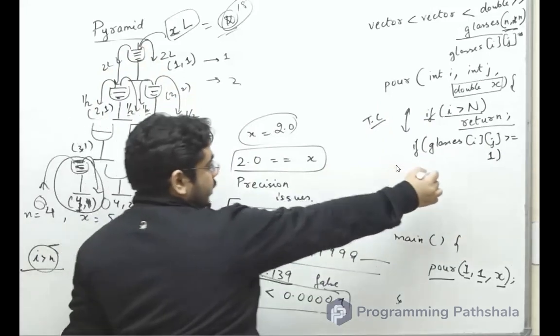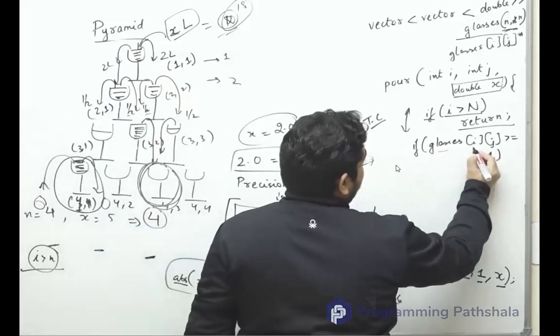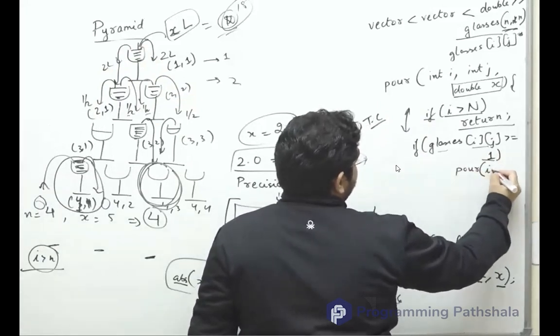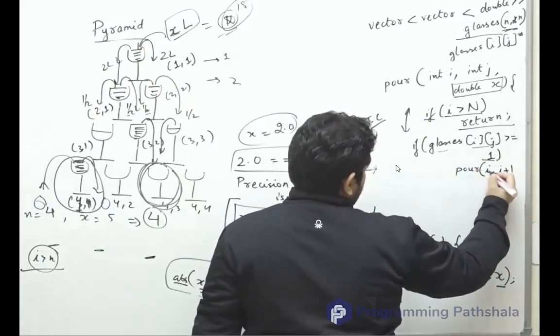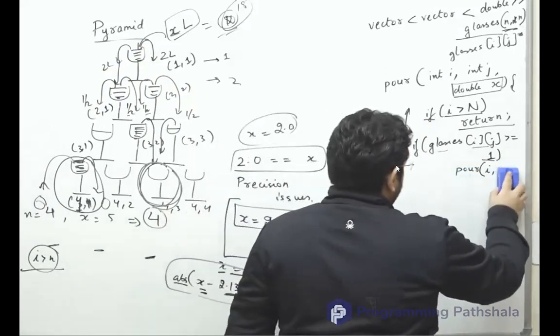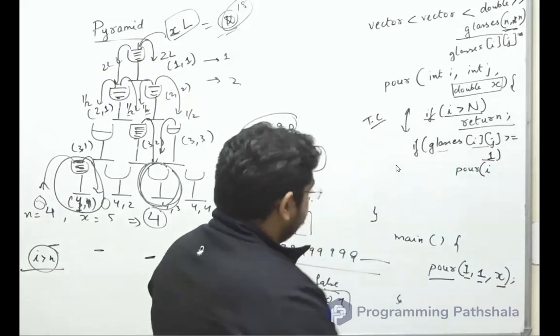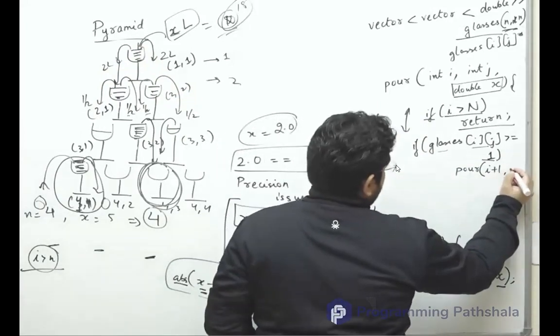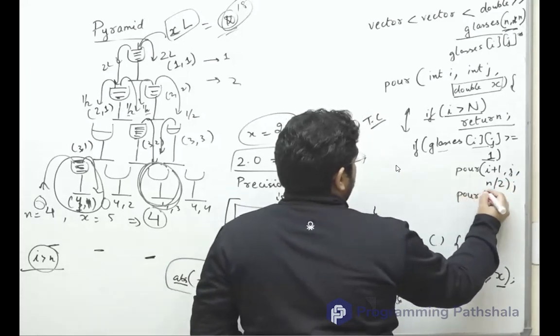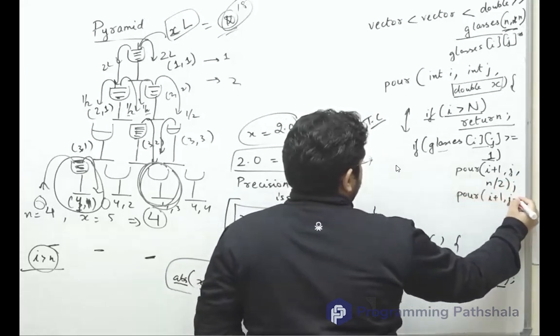So that is what I'm doing here. If the current glass is already full, then just pour half on the, sorry, i plus 1, j, n by 2, and pour the other half on the other side.